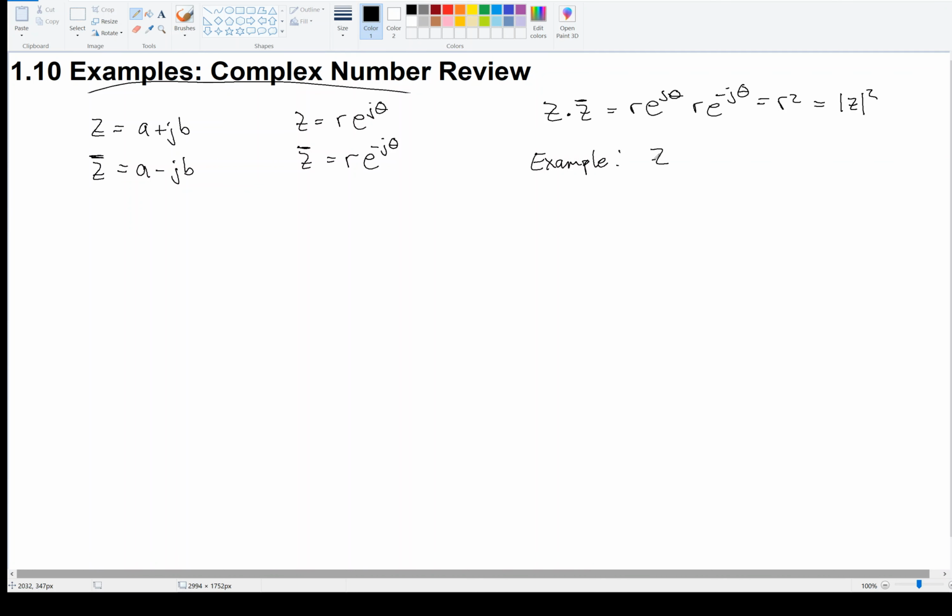So let me give you an example. Let's consider z equals 3 plus j4. Find the magnitude of z using the Pythagorean theorem, and the complex conjugate.